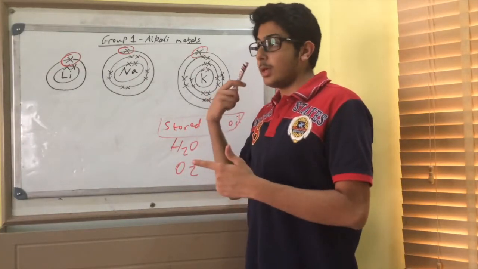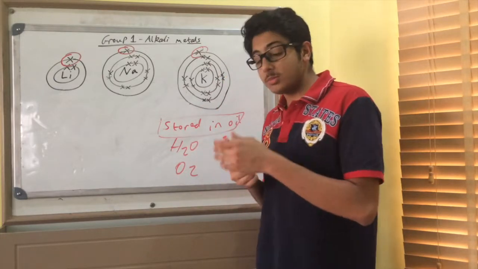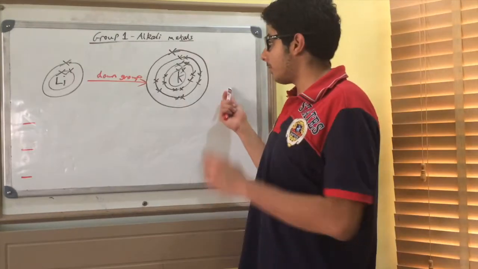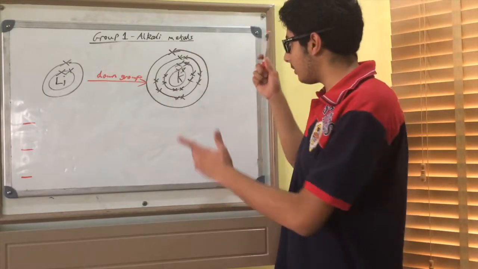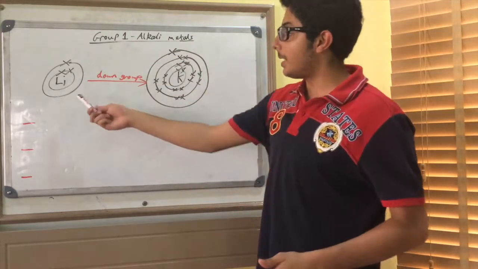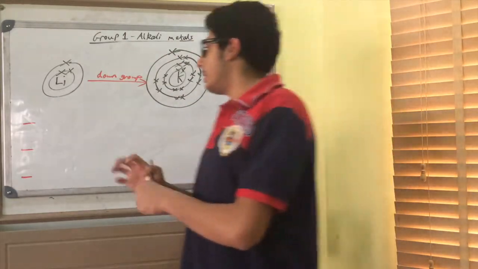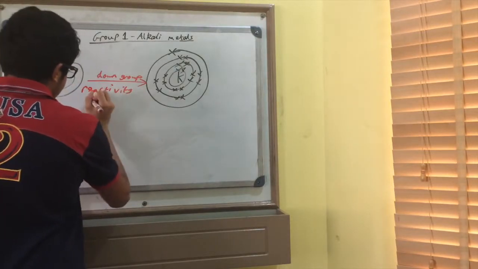Now let's move on to the explanation of the reactivity of these metals in terms of their electronic structure. Okay, so we have the electronic structure of lithium and the electronic structure of potassium, both of which are group 1 alkali metals. And as you go down the group, the reactivity increases.